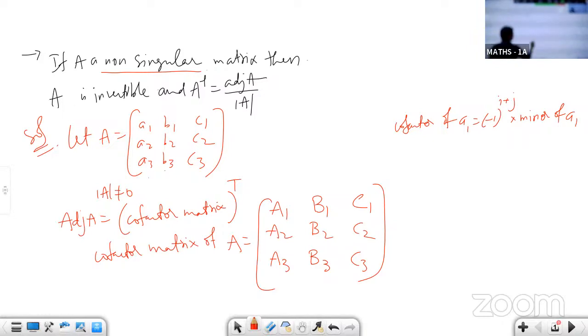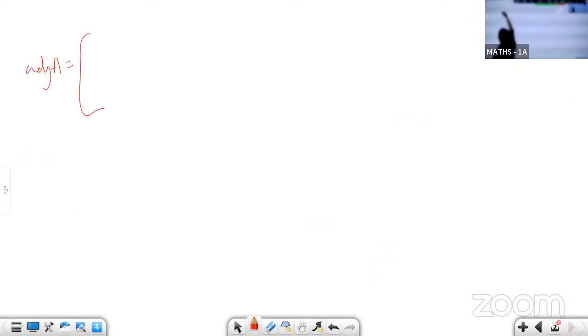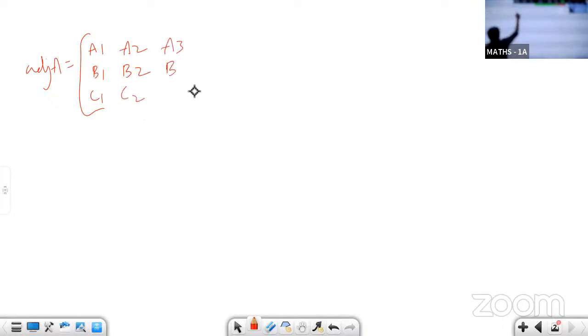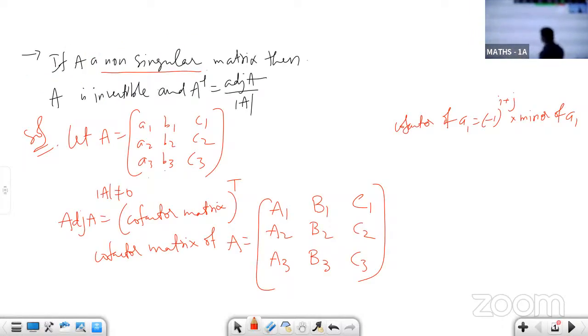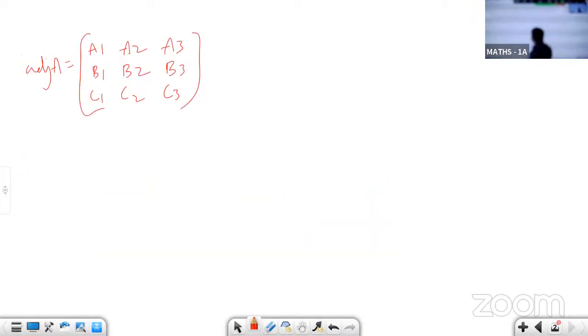Now transpose of this is nothing but A1, A2, A3, B1, B2, B3, C1, C2, C3. Correct? No? What is transpose of a matrix? The row becomes column, the column becomes row. That we call transpose of a matrix.